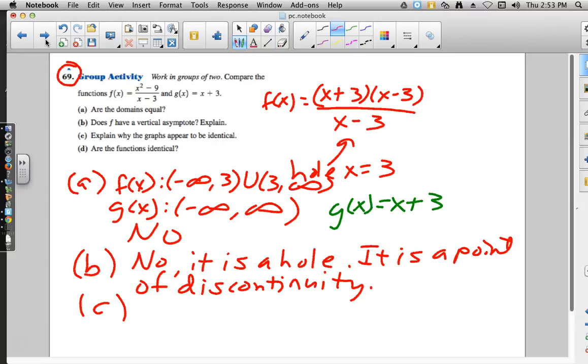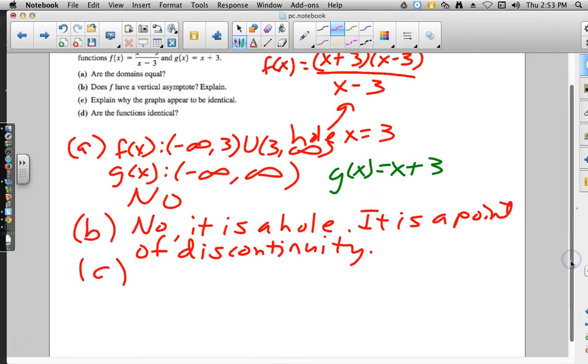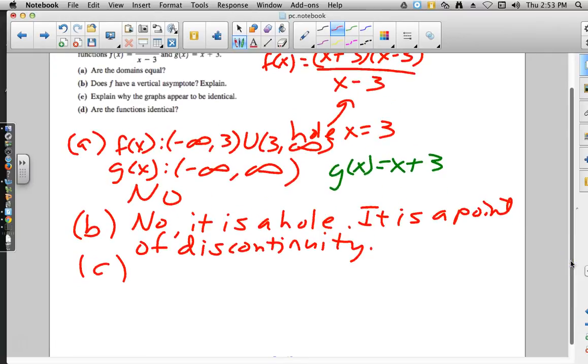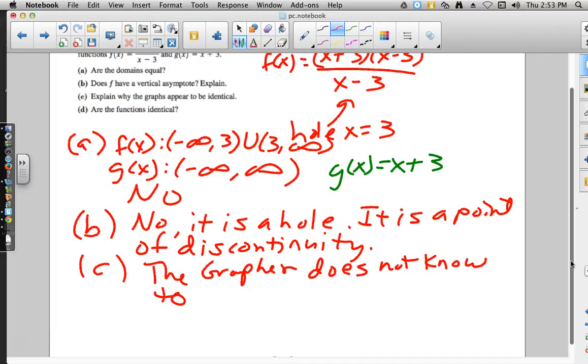C says, explain why the graphs appear to be identical. Well, we could put, because the graphing calculator is stupid, but that wouldn't necessarily be the way we would want to word something as a justification on the AP Calc test. So, the grapher does not know to exclude x equals 3 from the domain.